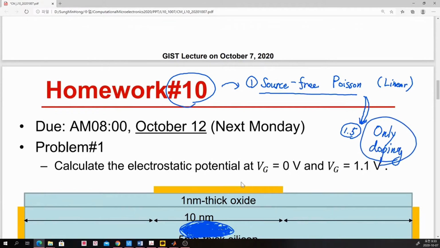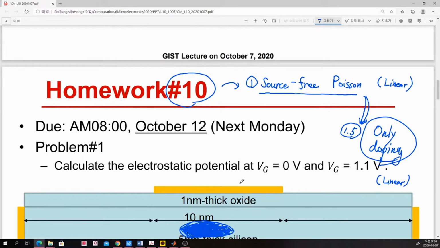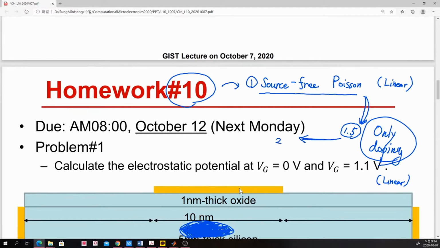Then your solution will look quite bad. However, this is just a linear solver, and you can check that your implementation for setting the doping density inside your system is well established. Only after that can you go to the full system.